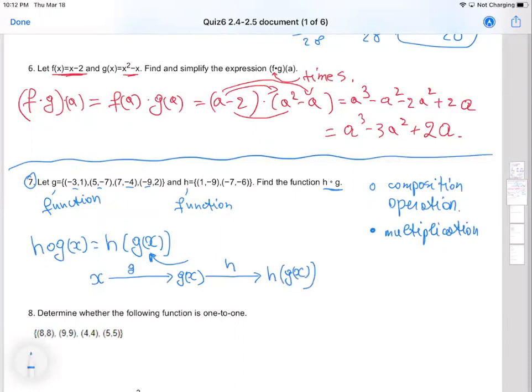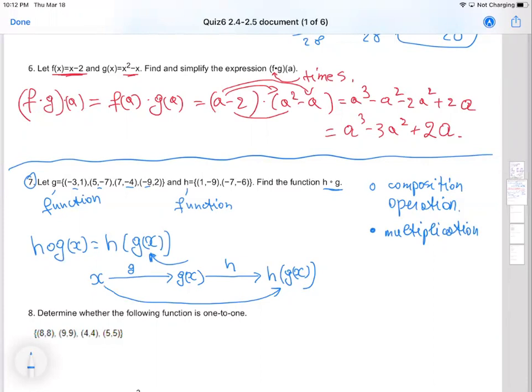So the composition h composed with g is all the way from x to h of g of x. So what we're going to do now is start with g, and then end up at h of g of x.